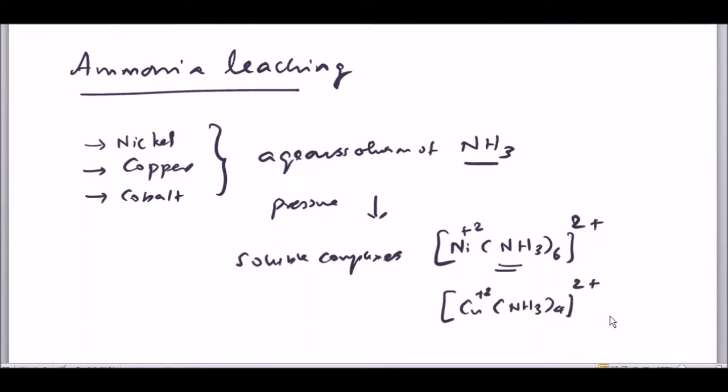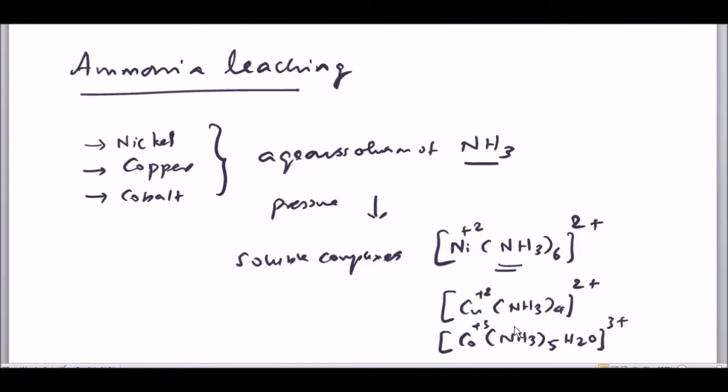And cobalt can make Co(NH3)5(H2O), two different ligands. It carries 3+ because the charge carried by the cobalt will be 3+.